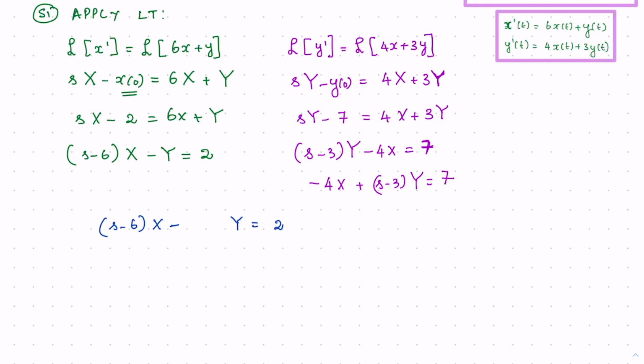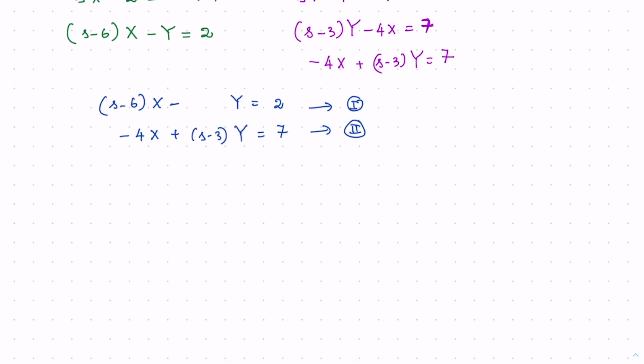And I have a minus 4x plus s minus 3 times the cap Y is equal to 7 right there. I'm going to call this equation number 1. I'm going to call this equation number 2. Right? If I do that, let's see what happens.